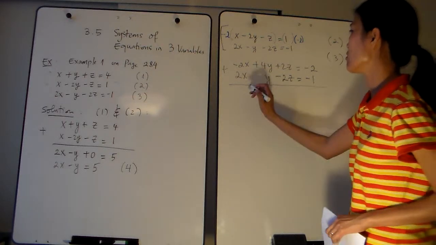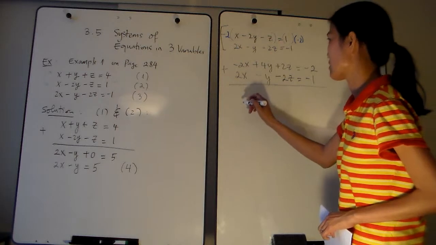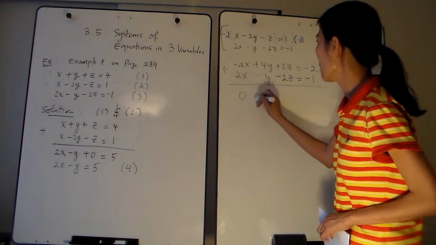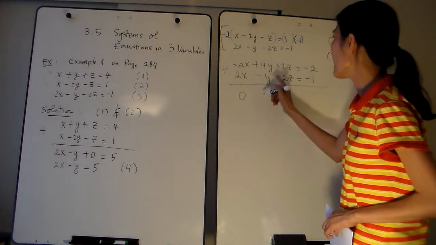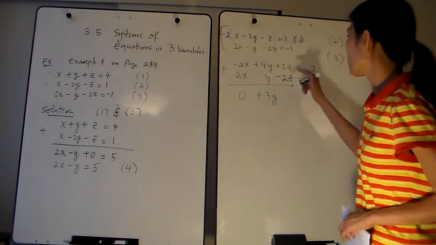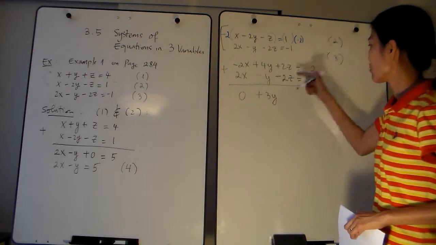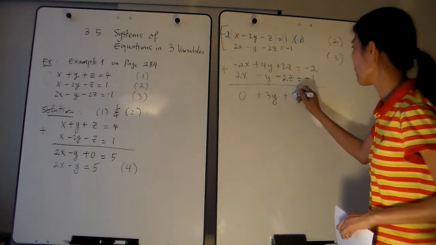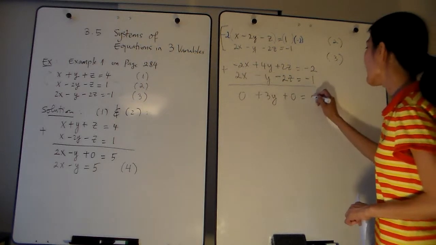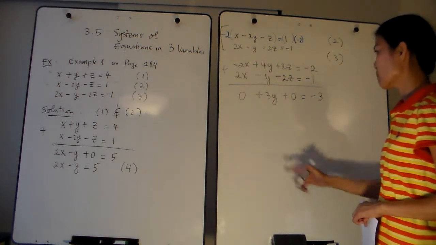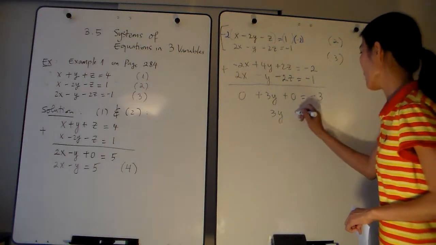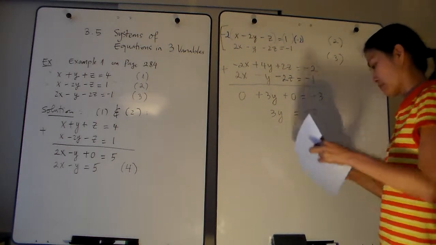Look at that, not only do you eliminate the z, you eliminate the x too, so this becomes 0. 4y subtract y is positive 3y. 2z subtract 2z is 0. Negative 2 plus negative 1 is negative 3. Simplify: 0 plus 3y plus 0 is 3y equals negative 3.